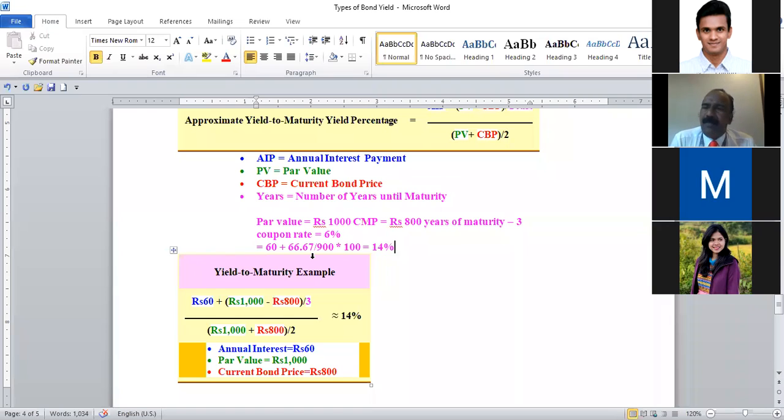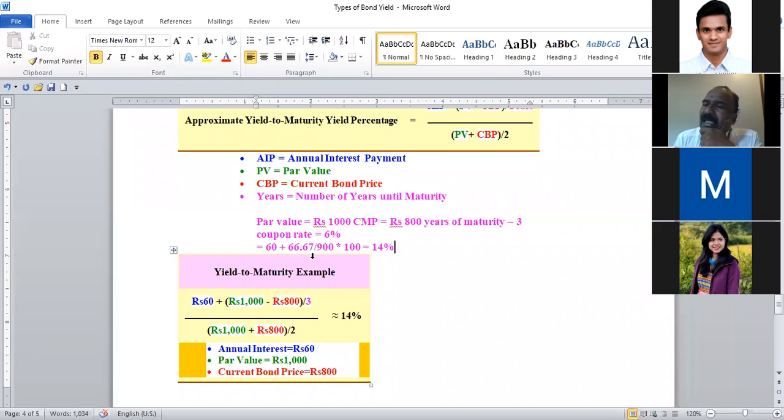What you got is 14%. This is the approximate yield to maturity. Now you need to calculate the exact yield to maturity, what we call the true yield. This is an approximation, not the correct one.